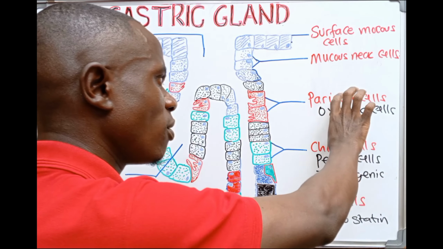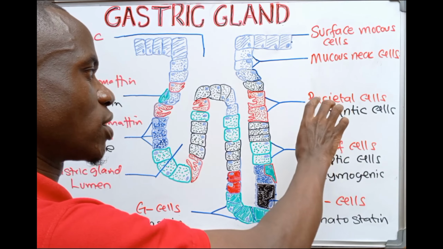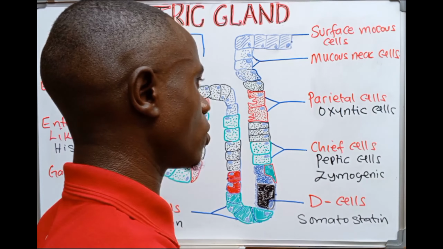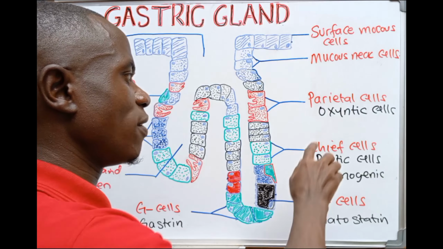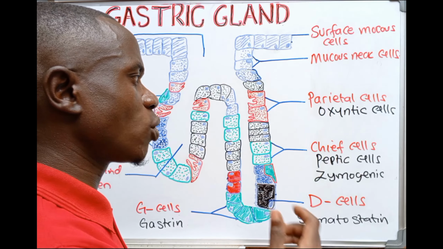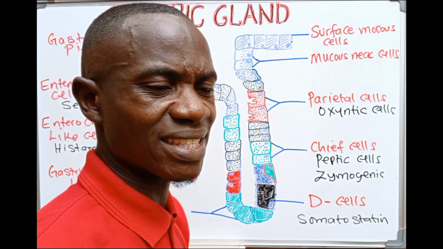The intrinsic factor coming from the parietal cells enhances absorption of vitamin B12. That's one of the most important substances in the synthesis of red blood cells. So if you don't have the intrinsic factor, you're going to lack vitamin B12, and of course that will lead to the type of anemia which we call pernicious anemia.